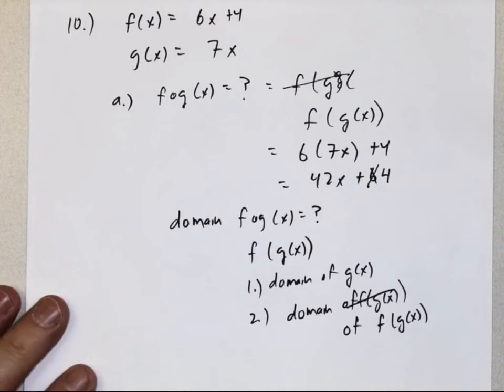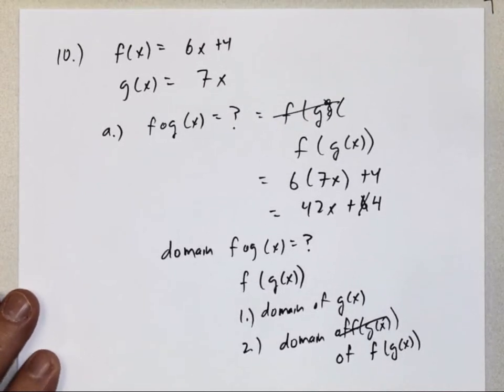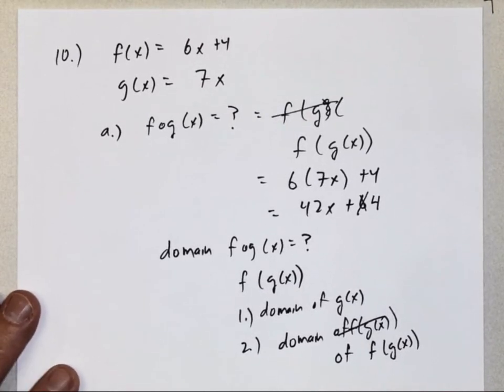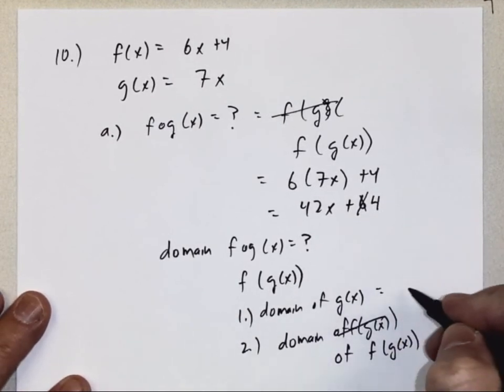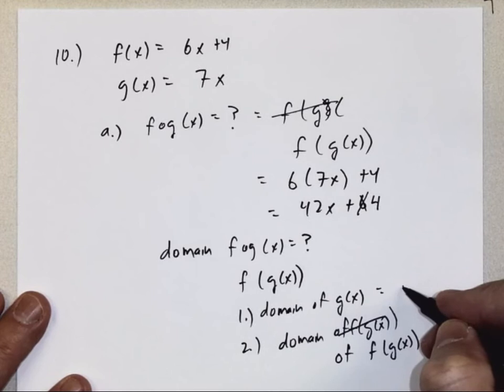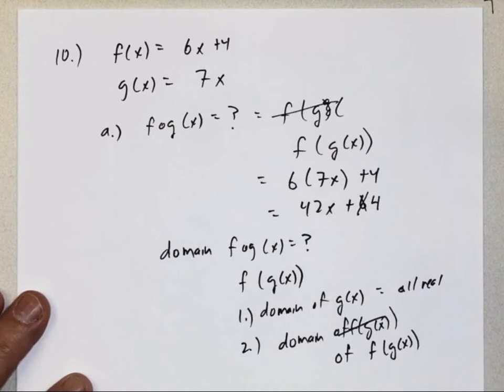So in this case, if I look at the domain of g of x, once again, you remember about domains, the only thing I have to worry about is if I have variables under the denominator or variables under the square root. Other than that, it's all real numbers. So the domain of g of x is all real. And then I look at my answer.